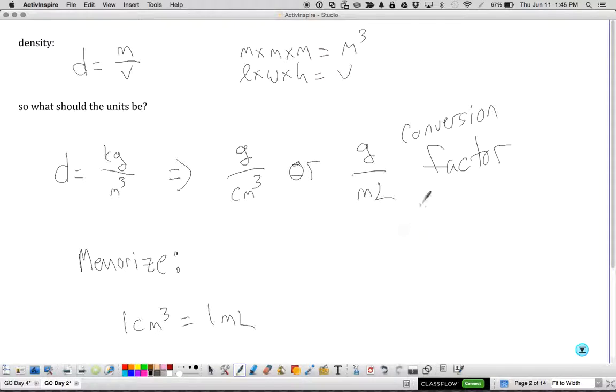So I'll show you how to solve problems both using density, the equation, and also using density, the conversion factor. In this class, I think it's more powerful to do density as a conversion factor since we'll be seeing other things that look like this that we'll be using as conversion factors.